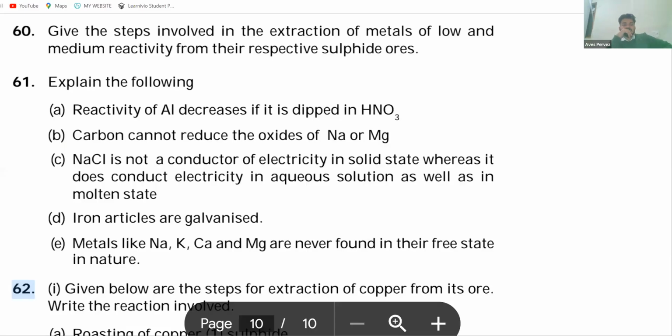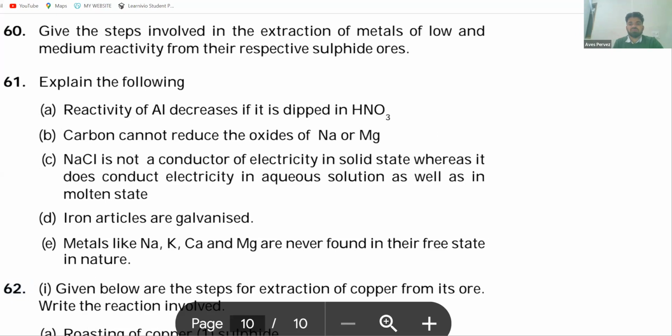Next question: NaCl is not a good conductor of electricity in the solid state, whereas it conducts electricity in aqueous as well as molten state. Part C, what should be the answer?